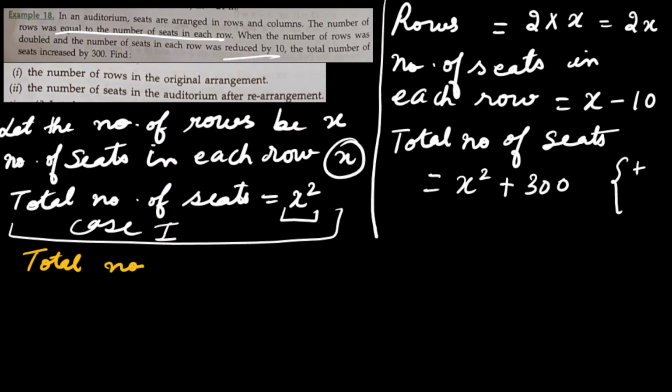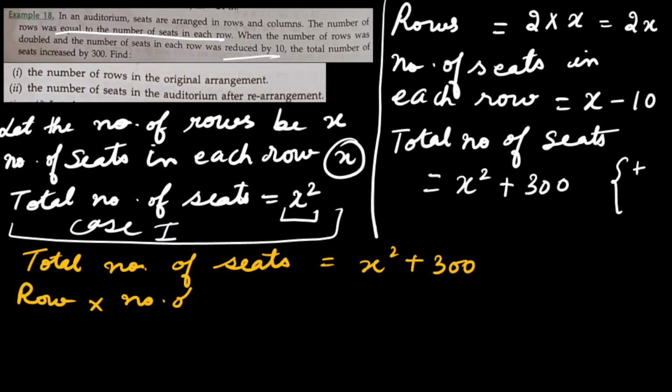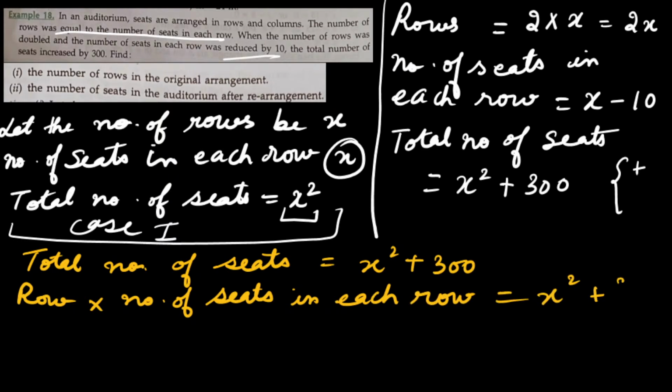Total number of seats, how much did we get? x square plus 300. But total number of seats we can also find by multiplying rows into number of seats in each row.